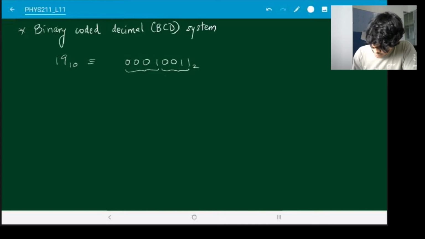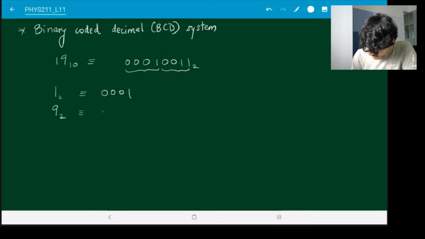Now there's one more thing that I can do, which is I can write 1 and 9 separately in binary. So what is 1 in binary? It is just 1. And what is 9 in binary?